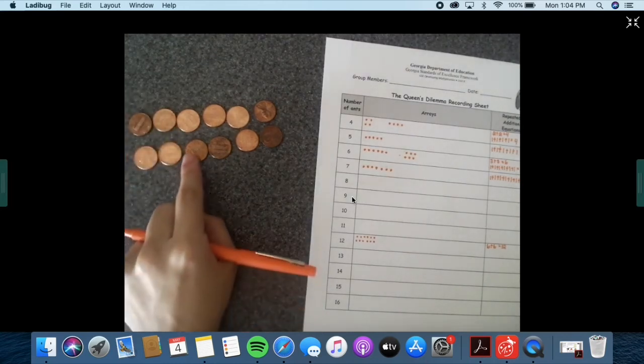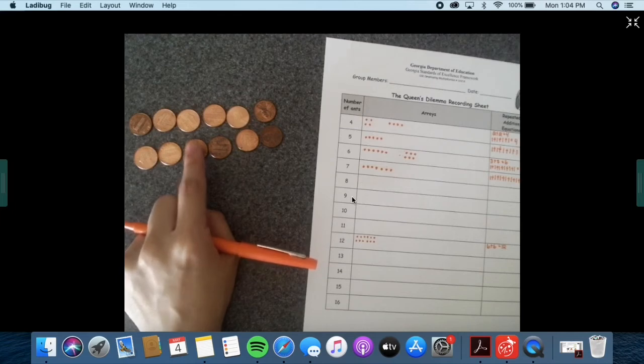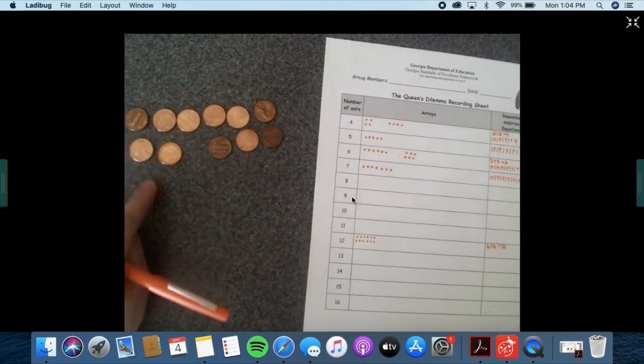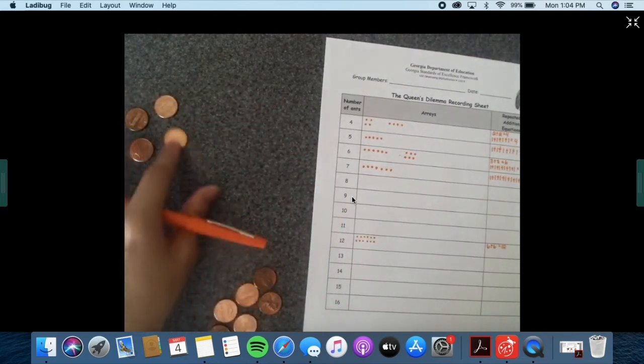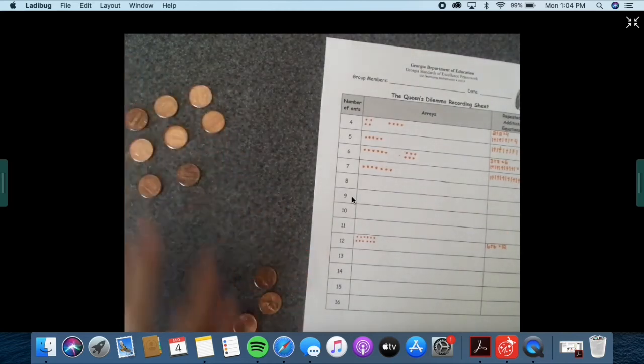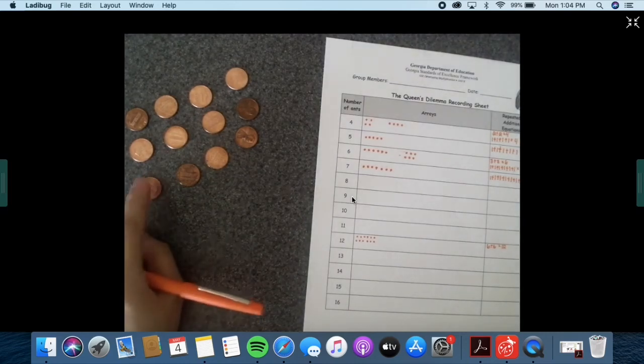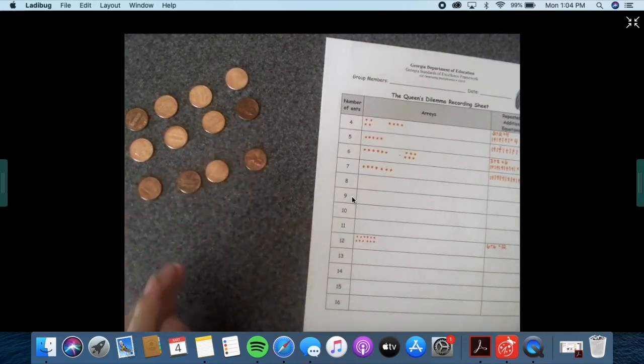I'm going to try it with 3 rows. So here's 1 row, here's 1 row, 2 rows, 3 rows, right? And I'm going to keep adding 3 to each. And that would leave me with 3 rows of 1, 2, 3, 4.